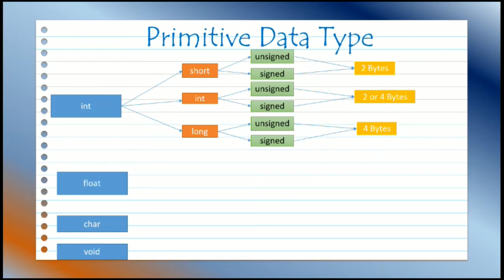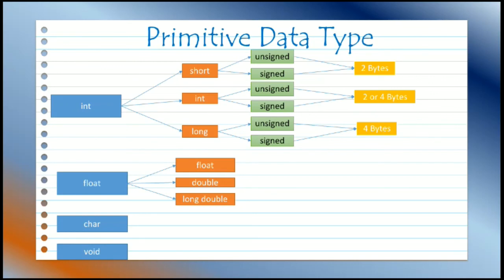So second one is float. Float is used to store fractional numbers, that is numbers which include a decimal point. It is divided into three types. First one is float, second one is double, and third one is long double.